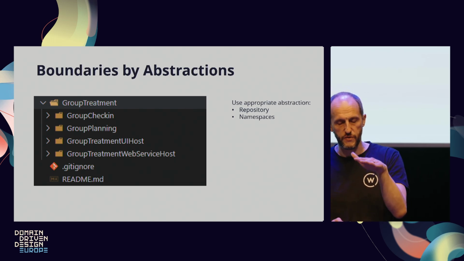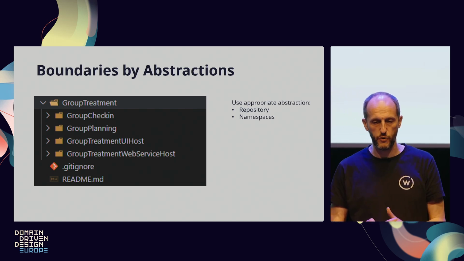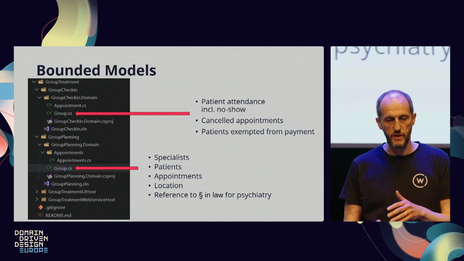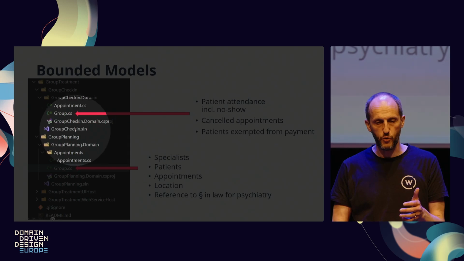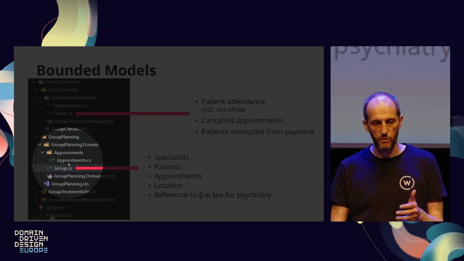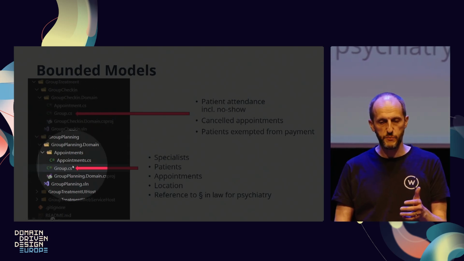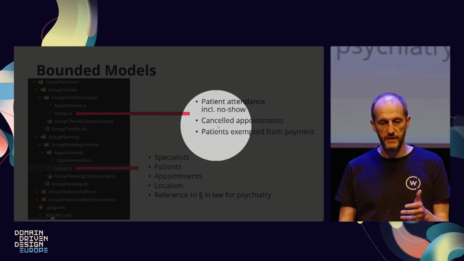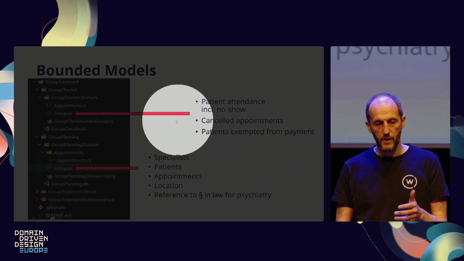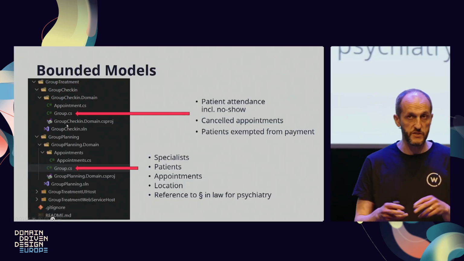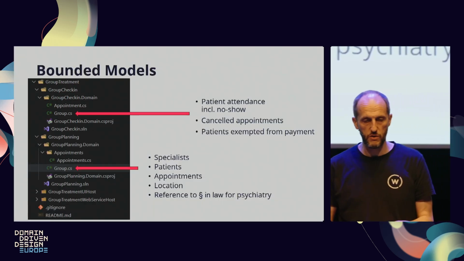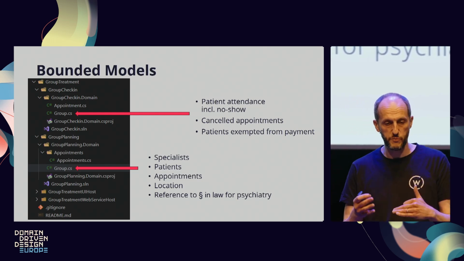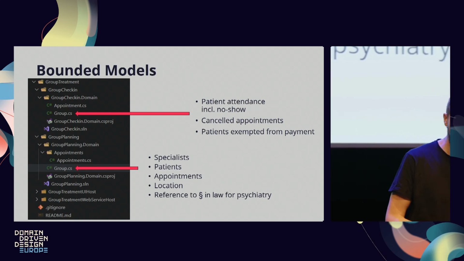So we created different namespaces, one for group check-in, one for group planning, and within each namespace there was a model for group in the check-in namespace, and there was one model for group in the planning namespace with those properties we discussed in the data ownership. So we have the same class here, using .NET, which doesn't mean anything. We have the same class with the same name, but in different namespaces we're able to distinguish between those.